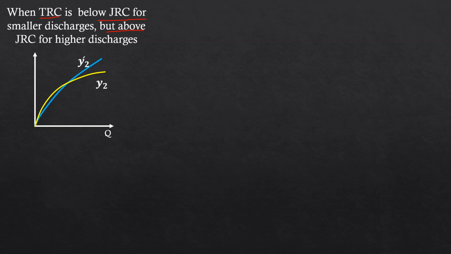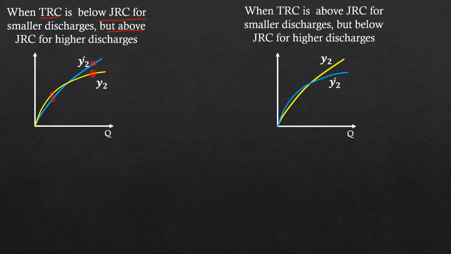So if the situation is like this, that means for smaller discharges, the available depth is less than the depth required, and for larger discharges, the available depth is more than the required depth. Or the opposite can happen, when the available depth is more than the jump depth required for smaller discharges, and vice versa.